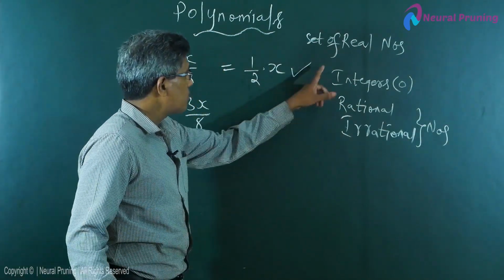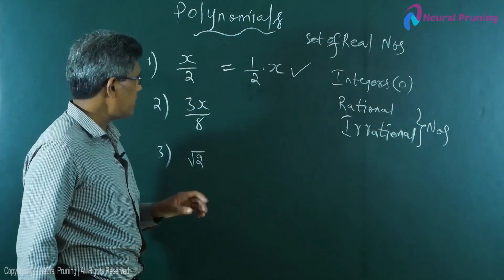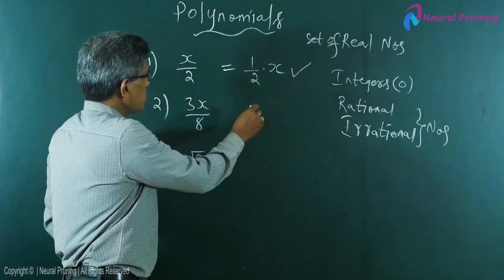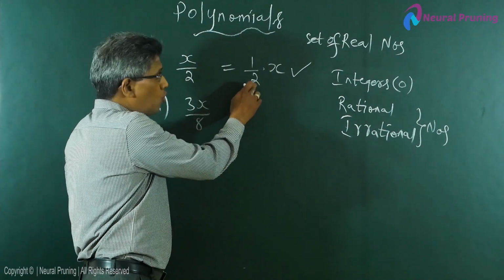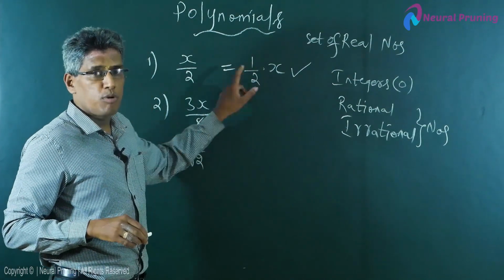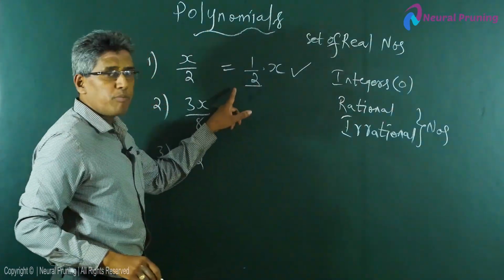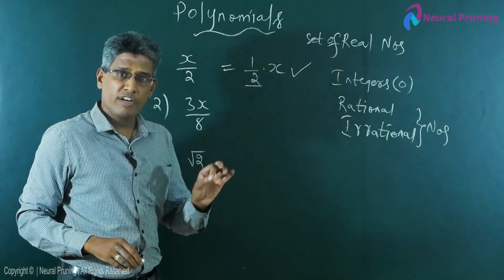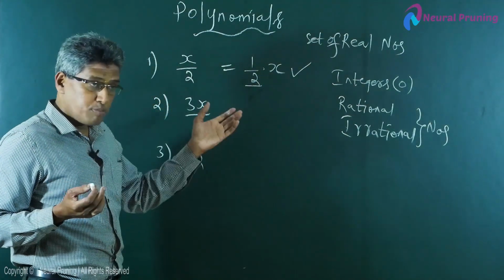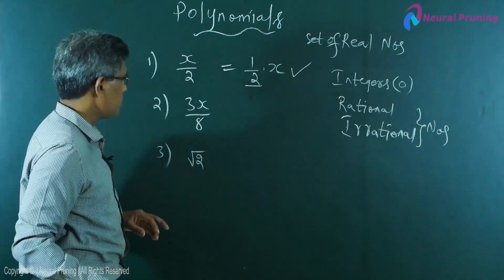When I discuss real numbers, I am stressing it once again: this particular definition is applicable only to the coefficient associated with a variable of a polynomial. On these grounds, this 1 by 2 as a coefficient is perfectly alright. So this particular example could be regarded as a perfect example of a polynomial.